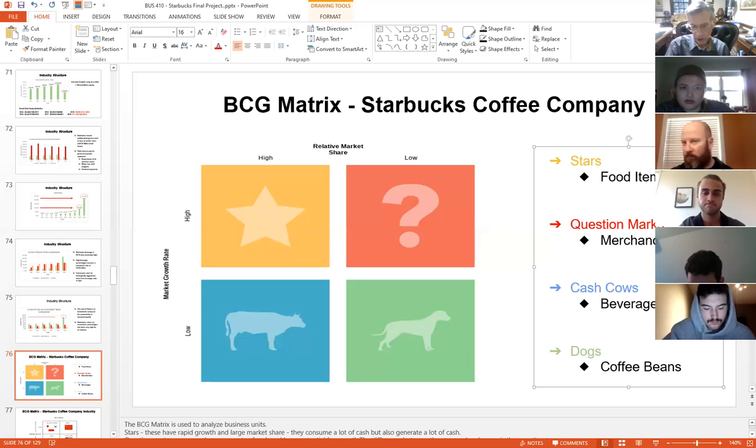What I don't see is grocery coffee, but maybe you're going to talk about that later. I certainly agree with you on the cash cow beverage, and particularly the coffee. If we made these circles, the great big circle here would be the cash cow.